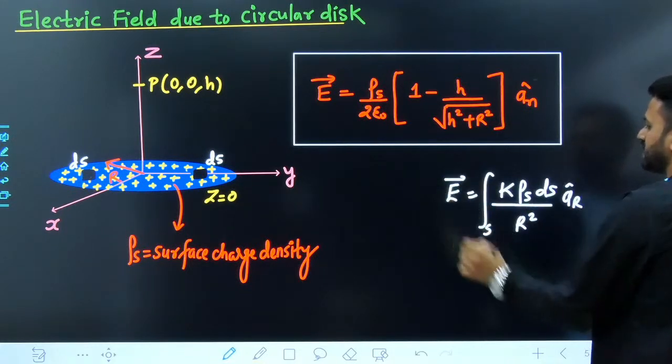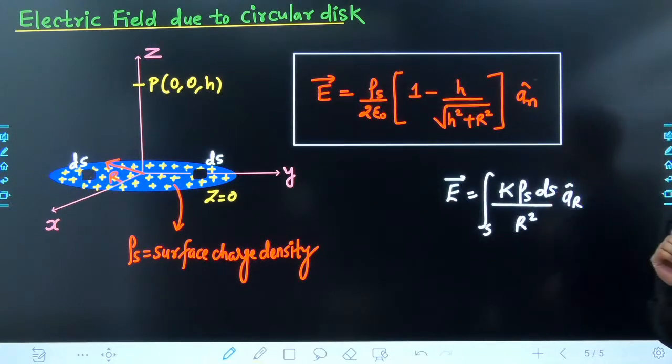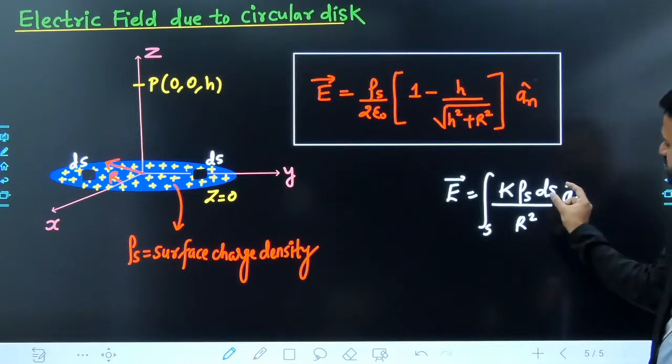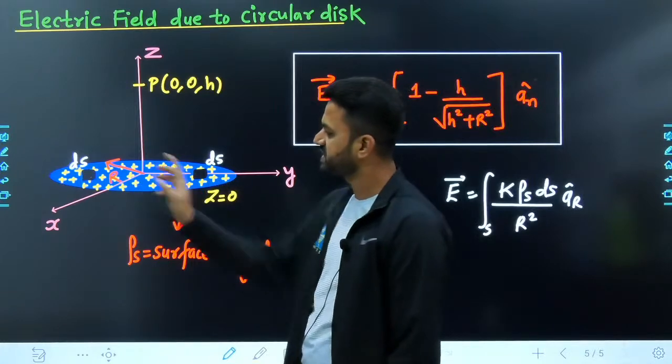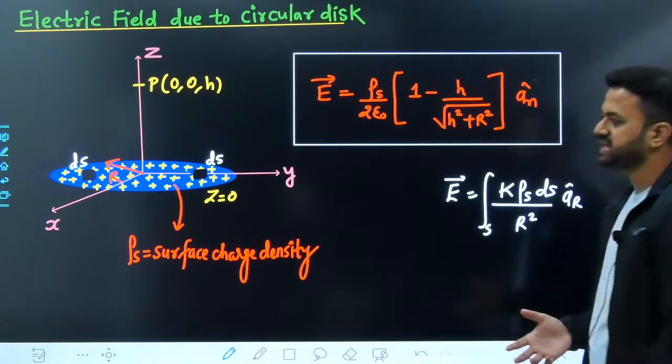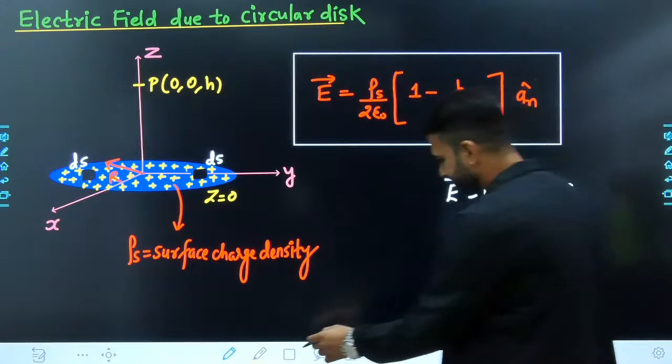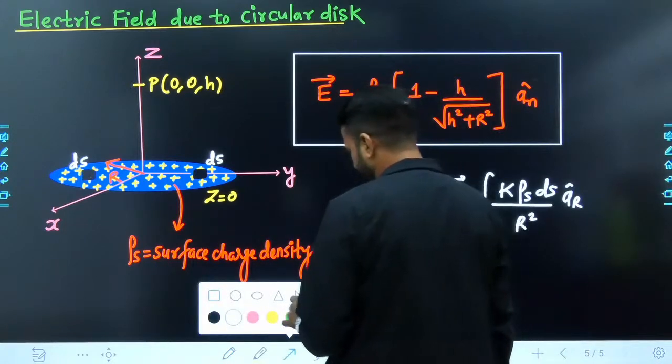So whenever you want to calculate the electric field because of a surface, you should have some differential surface. That is why we take the differential surface which is placed on the equal and opposite side.